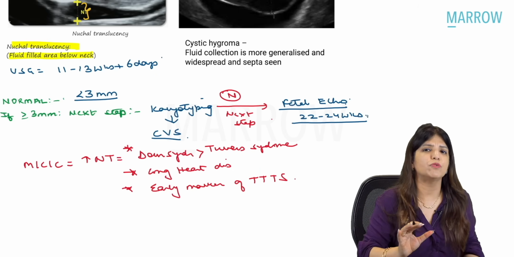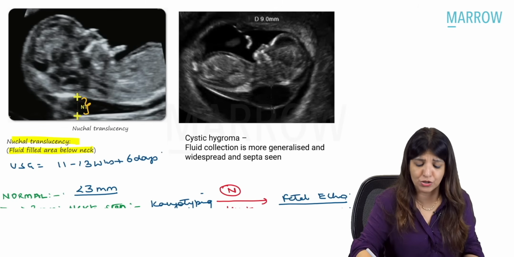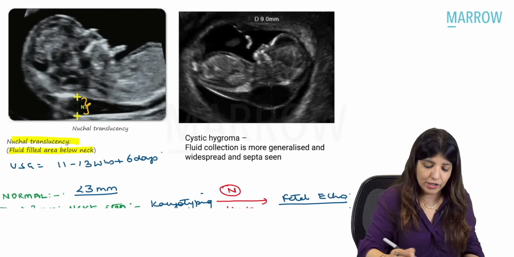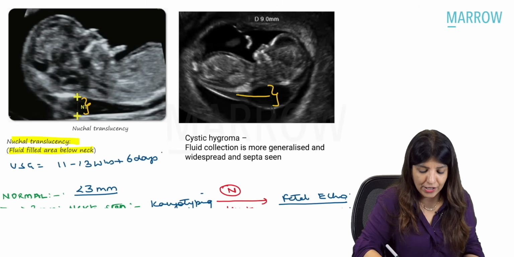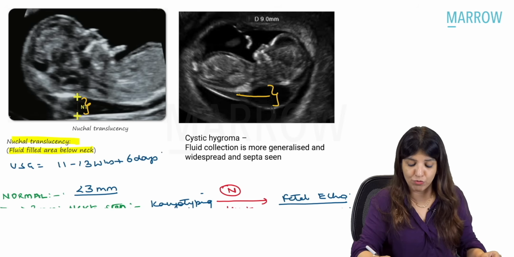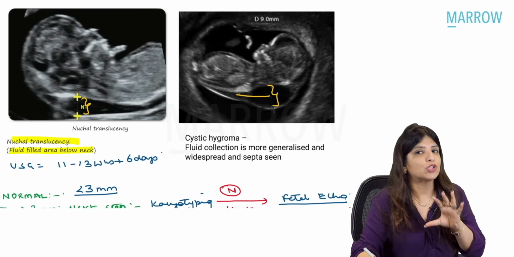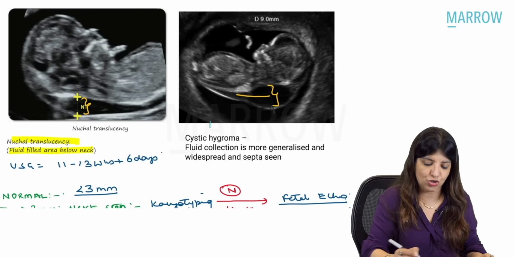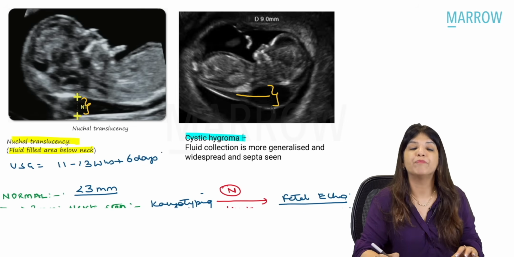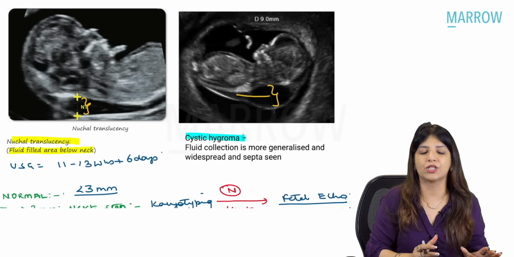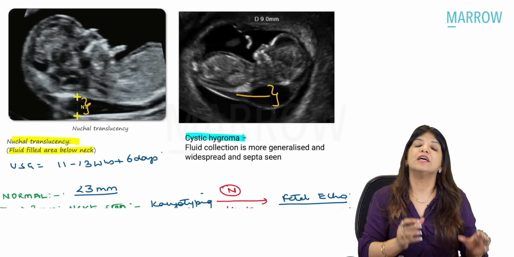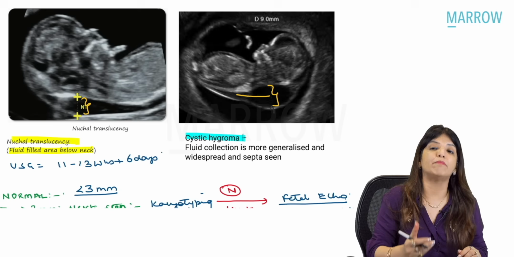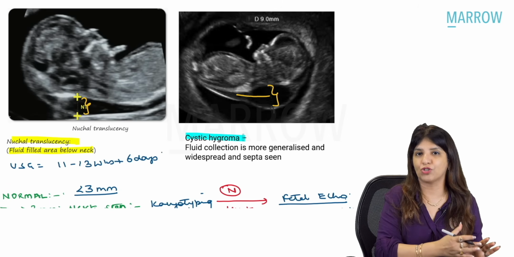Now, an ultrasound which appears very, very similar to nuchal translucency, but over here the fluid collection is more and it is more widespread, and sometimes you can also see a septa. This is not nuchal translucency. Actually, this is a cystic hygroma. But the good point about cystic hygroma ultrasound is that cystic hygroma is a better marker for aneuploidy than nuchal translucency.